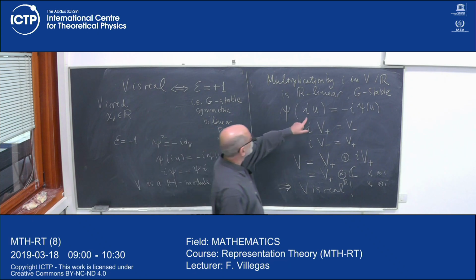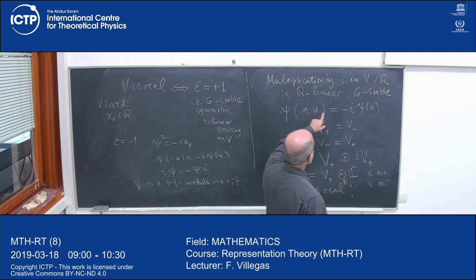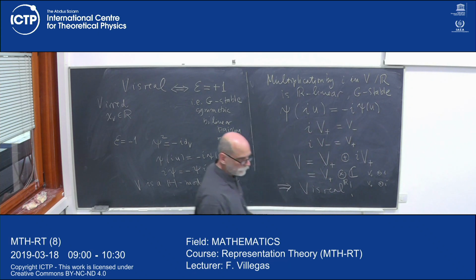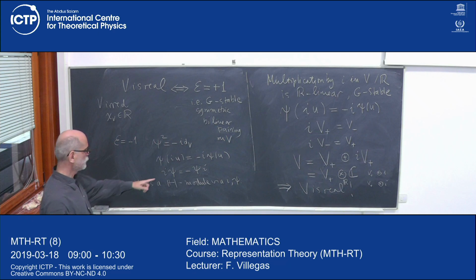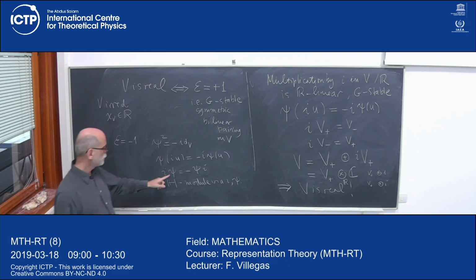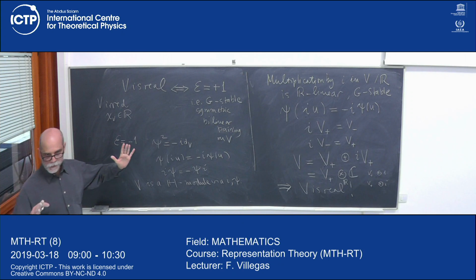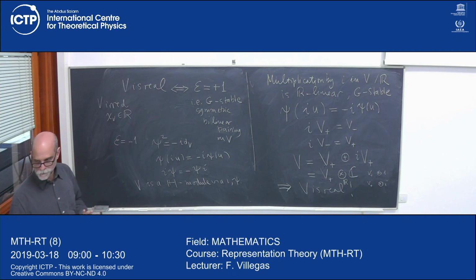Yeah, so here, if I first multiply by I, I get minus what I get if I multiply by I afterwards. So this is the commutation relation exactly for the quaternion algebra. Psi squared is -1 and anti-commutes with I. So this real vector space is in fact a module for the quaternion algebra.